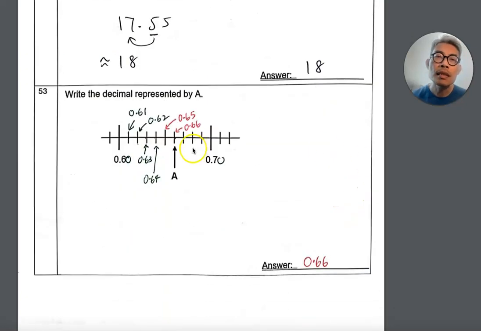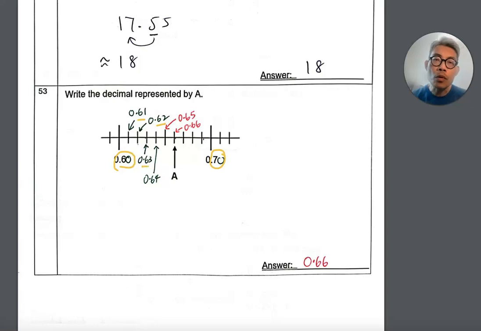Write the decimal represented by the letter A. So how do we do this? Well, the step that I will teach my students is instead of 0.6, you write 0.60. See this as 60, see this as 70. If you can see it as 60 to 70, let's count. 60, 61, 62, 63.